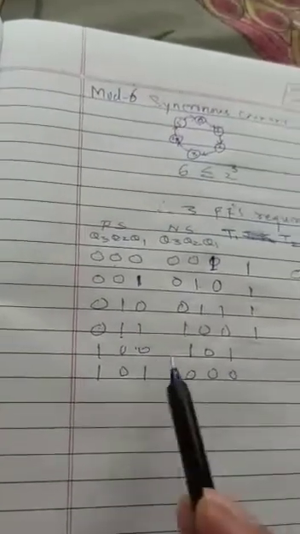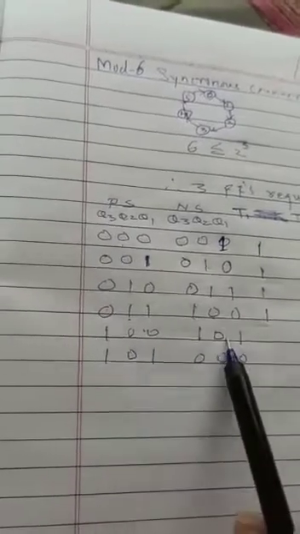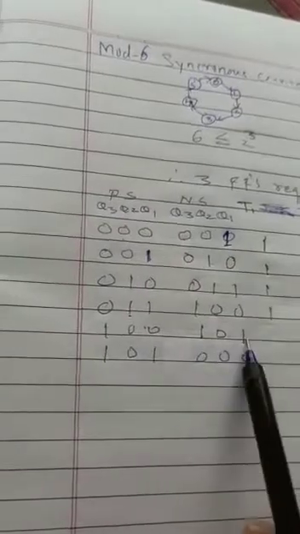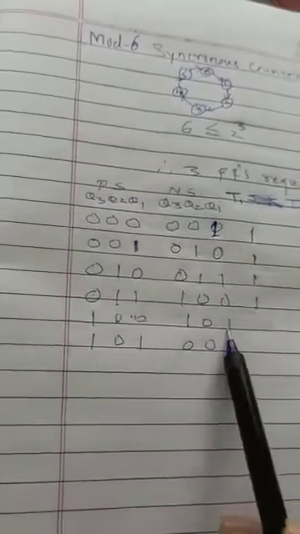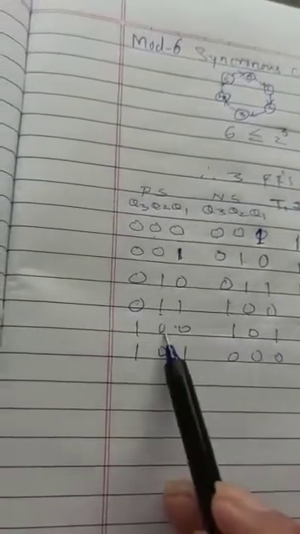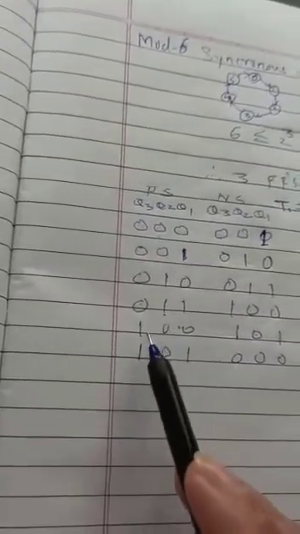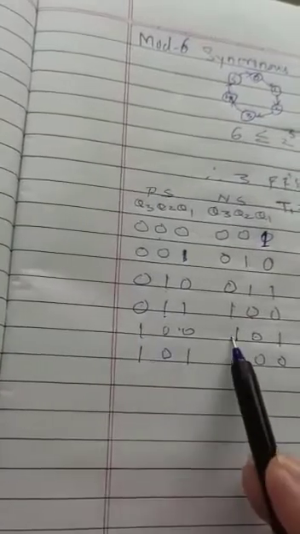Then next, it has to go from 4 to 5. So while going from 4 to 5, Q1 has to go from 0 to 1, means T1 has to toggle. Flip-flop 2, that is Q2, has to go from 0 to 0, means it has to remain same as 0, and Q3 has to go from 1 to 1, means again same.